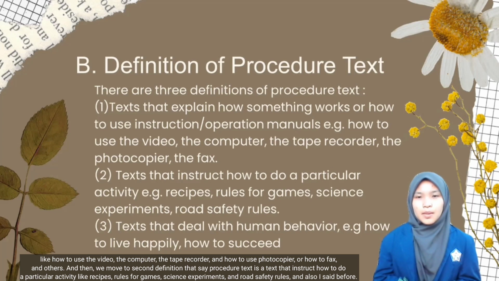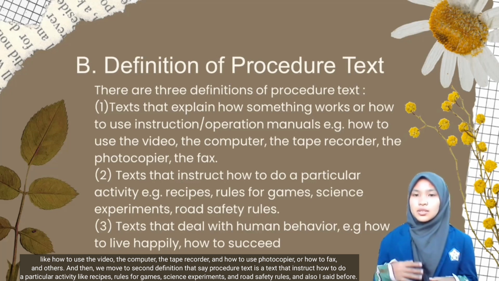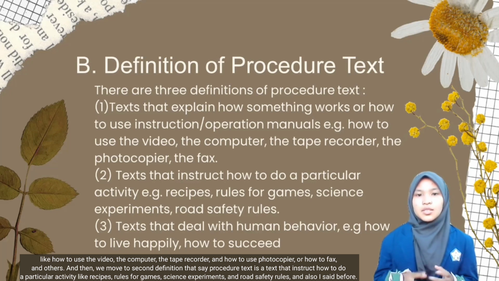And then we move to the second definition, which says procedure text is a text that instructs how to do a particular activity, like recipes, rules for games, science experiments, and road safety rules.